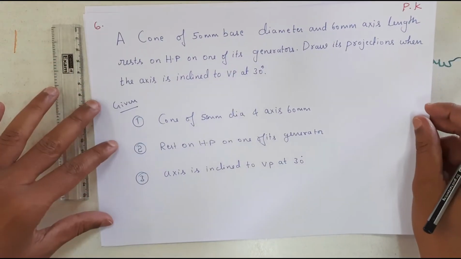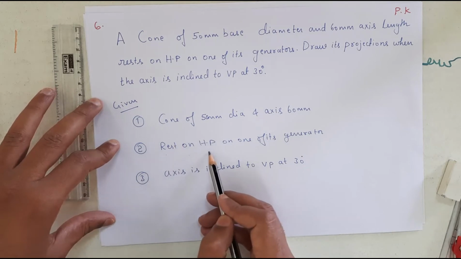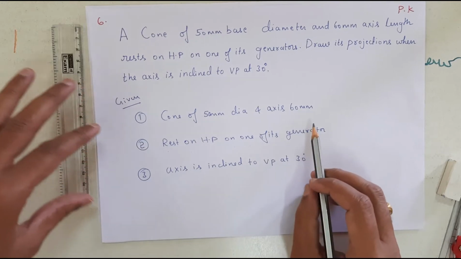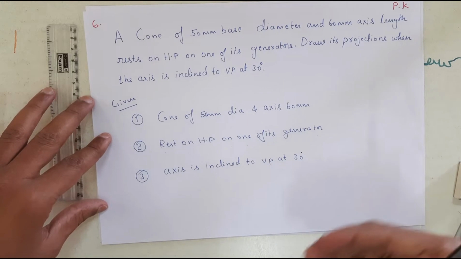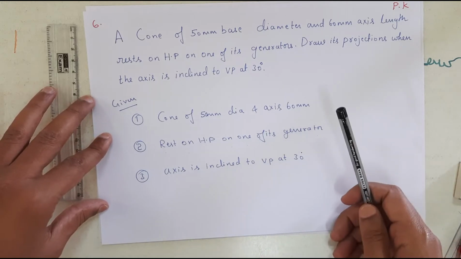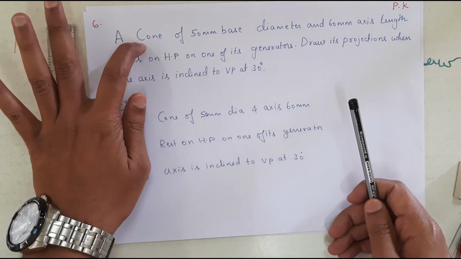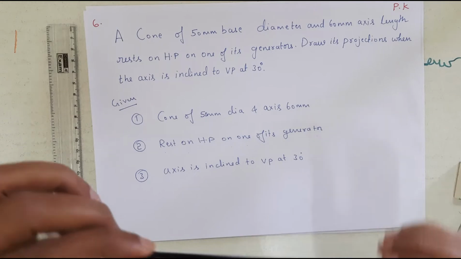So what is step number 2? They are telling that the cone is resting on HP on one of its generators. What is the meaning of generator? When I was discussing the introduction to solids, I told you that the cone is a type of solid. Which type of solid? It is a solid of revolution.